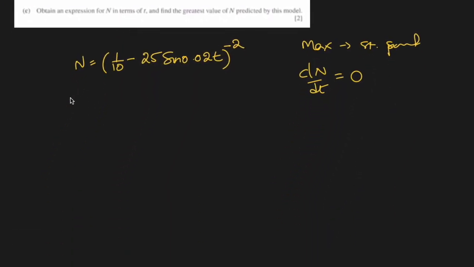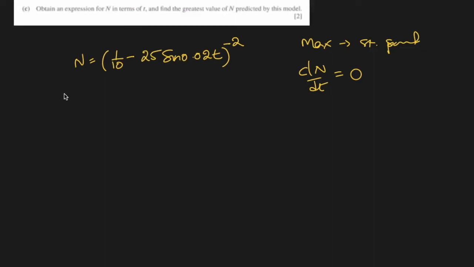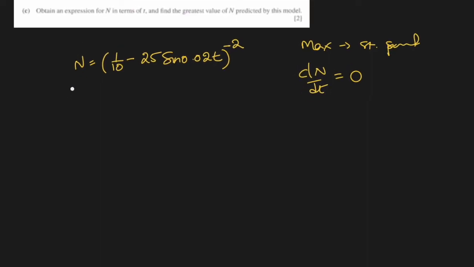So dn over dt equal to k, 0.00285. That's what we got.